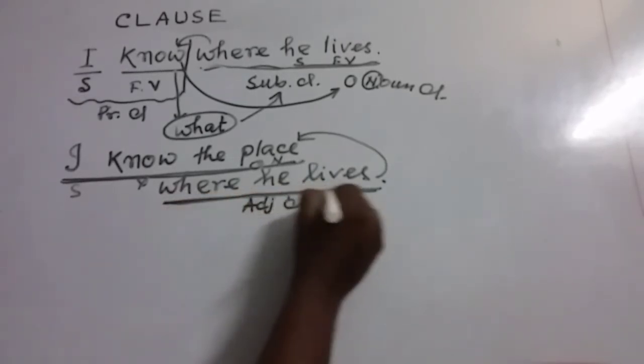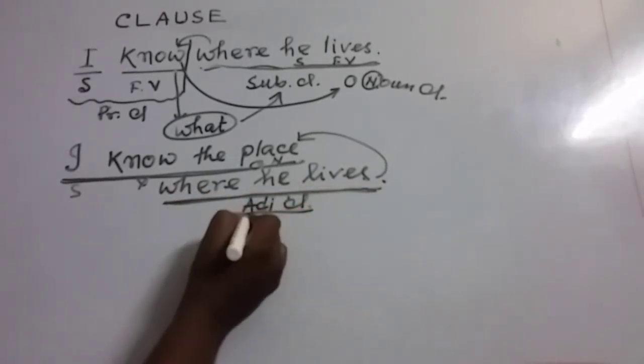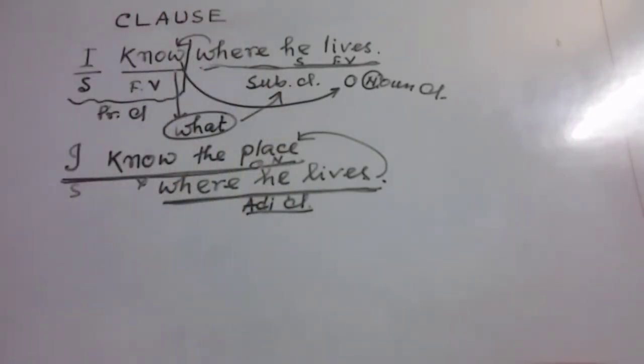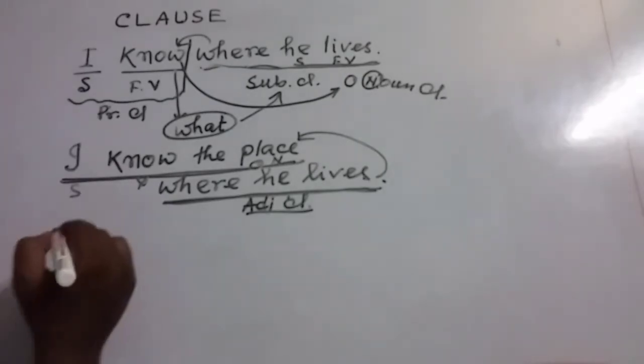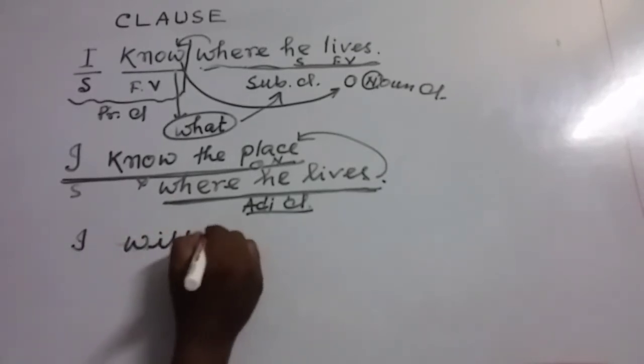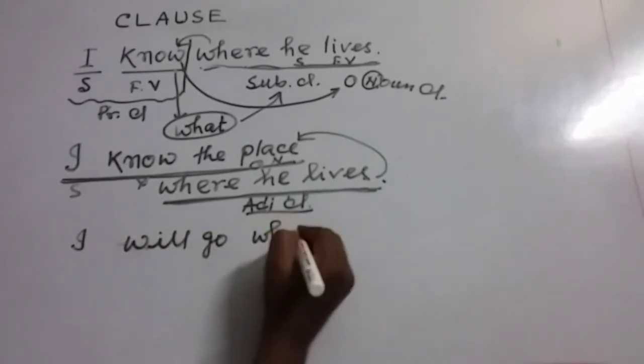So the same group of words, here it is used as an adjective clause in this sentence, here it is used as a noun clause. Again I am giving you another example. Let's look at this. I will go where he lives.